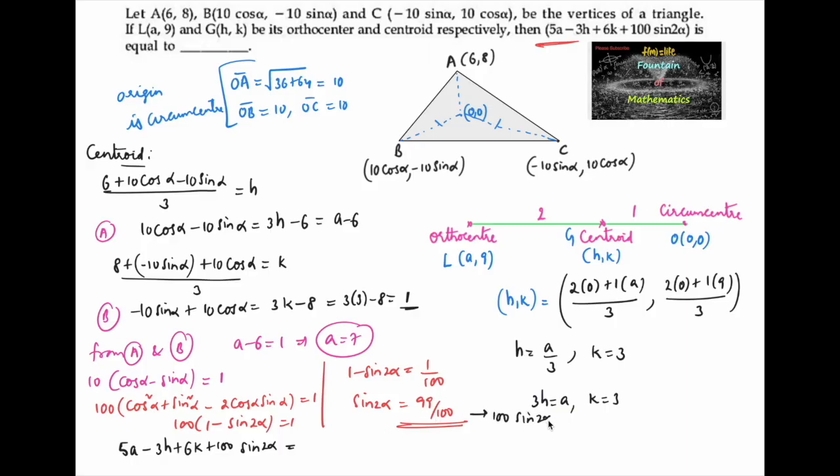And here 5 times A value, which is 7, minus 3 times H value, which is 7 by 3, and again plus 6 times K value, which is 3, plus 100 times sin 2 alpha, which is 99. So that is 35 minus 7 plus 18 plus 99, which is equal to 145. So we can go with an answer 145.